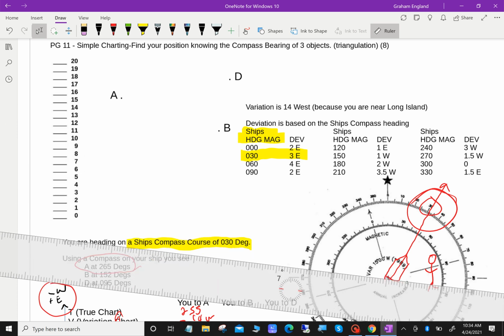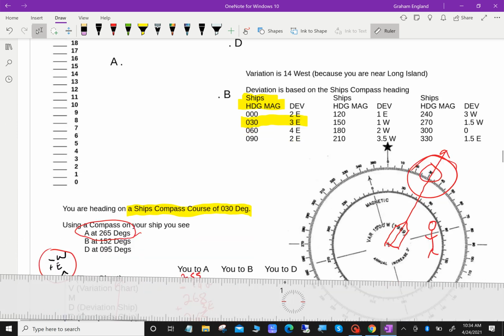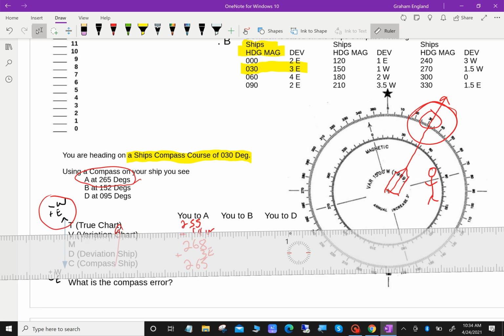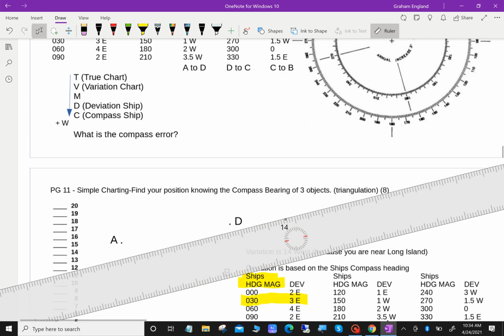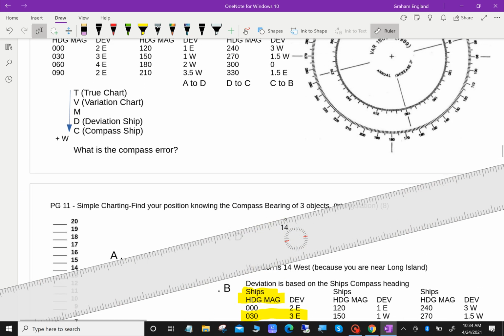From me, 255 is right like that. Okay. So I am somewhere along this line.